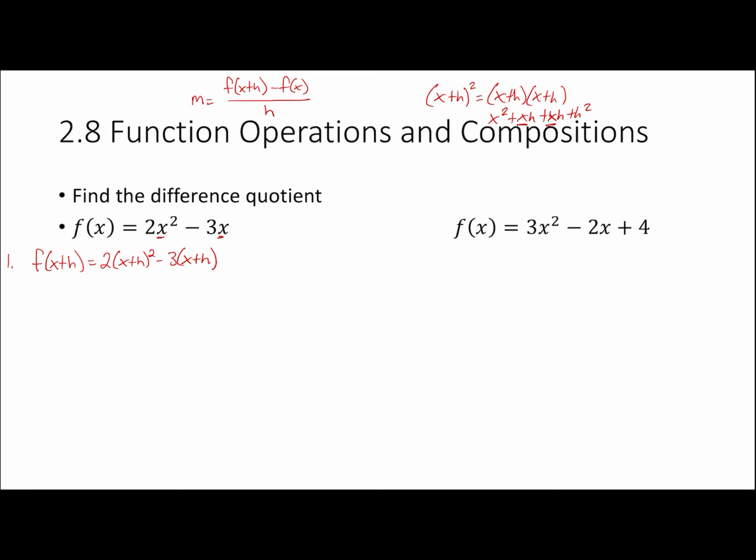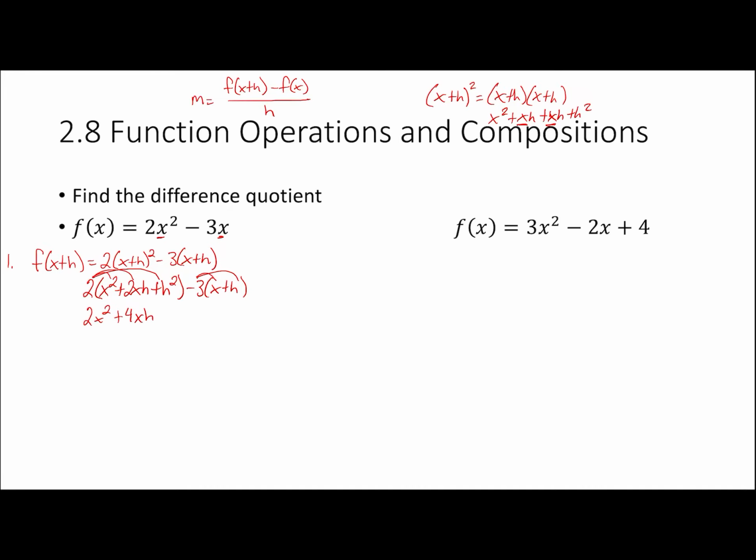And when you combine the two terms in the middle, xh plus xh is going to be 2xh. And so when you square that binomial, you should have x squared plus 2xh plus h squared. And then it's still minus 3 times x plus h. Now, we're going to take the 2 and distribute and the negative 3 and distribute.